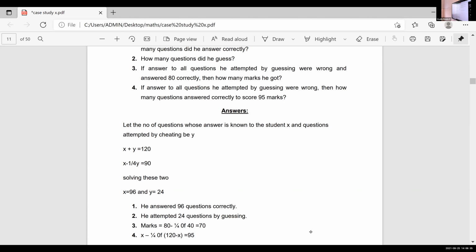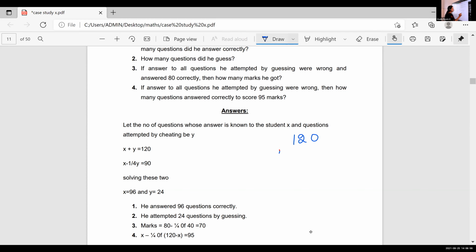Now what is the next part asked here? Look at the third one. If answer to all questions he attempted by guessing were wrong and he answered 80 correctly. 80 questions he answered correctly. So total 120 questions are there.